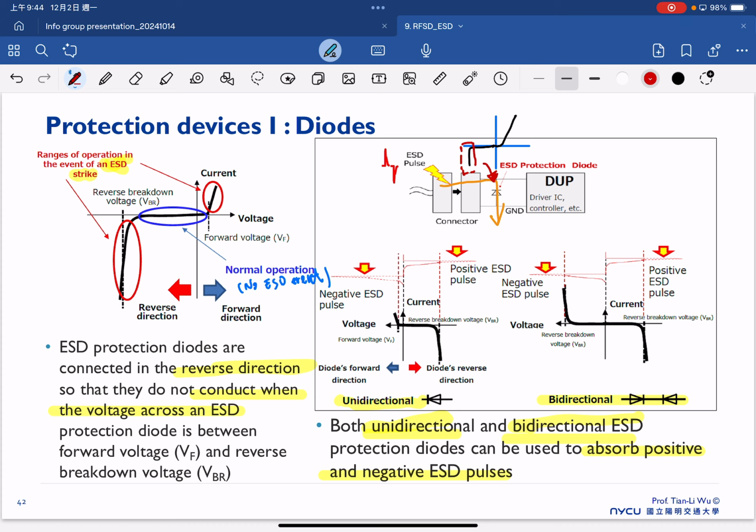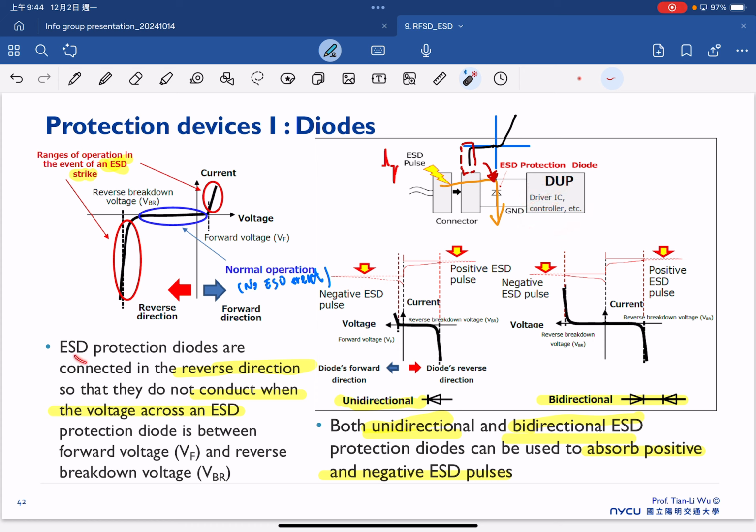Then we can make sure that the ESD event won't damage our device, because the current has already been shunted away and will not touch our IC and other functions. This is here, including the driver IC, controller, and so forth.